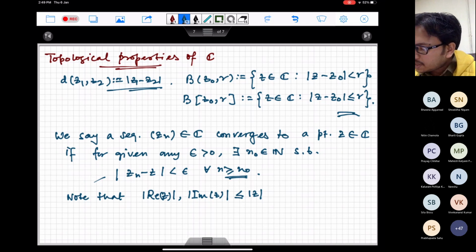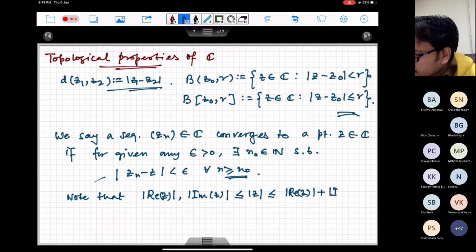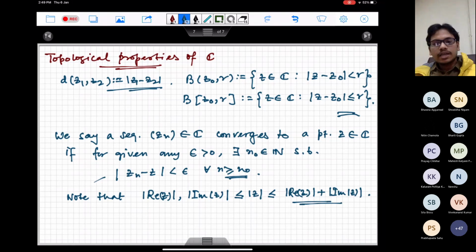I see that the real part and the imaginary part in absolute value are going to be less than or equal to the absolute value of mod z, and we can also have an upper bound, which is mod of the real part of z plus mod of the imaginary part of z. Okay, so this is what I can say. Do you all agree with me regarding these inequalities?